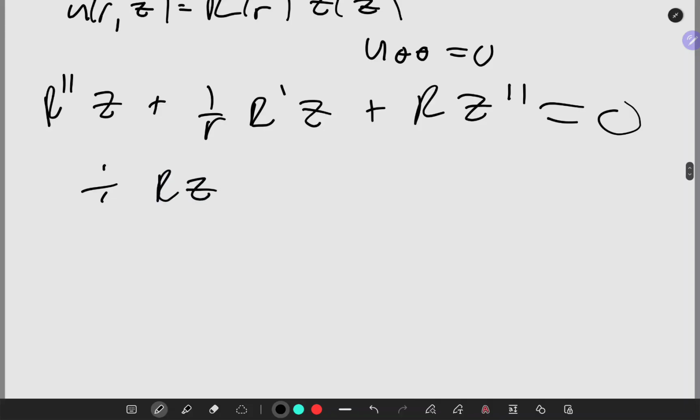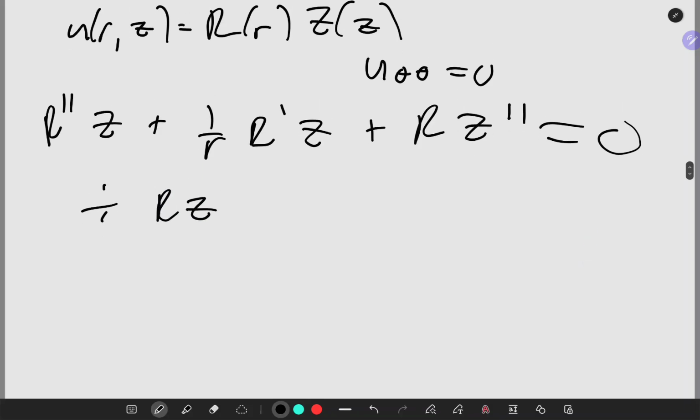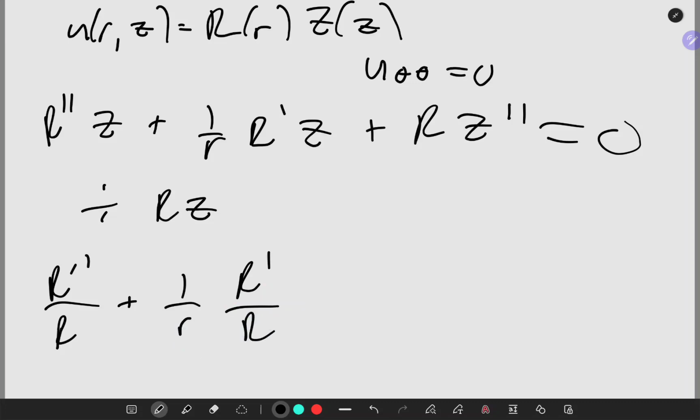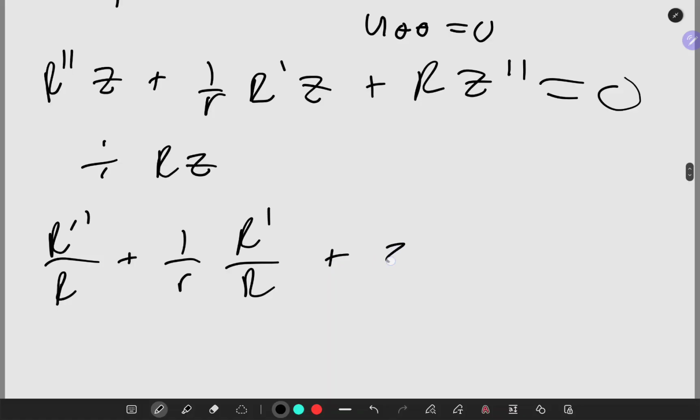Divide everything by R Z, right? We are left with R double prime over R plus 1 over r, R prime over R, plus Z double prime over Z is equal to 0.